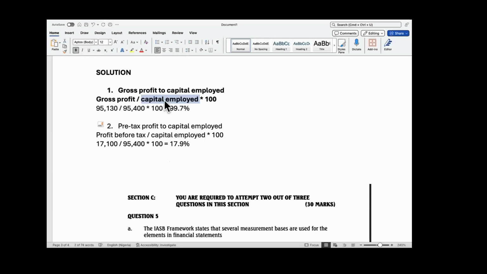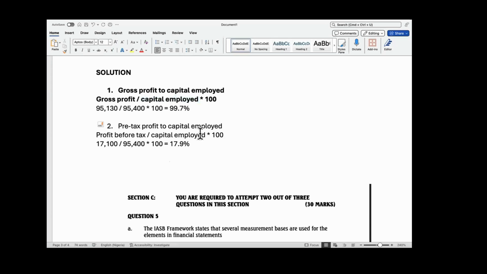I would have added that to equity to get my capital employed for this one. But for this second one that I'm using PBT, even if they gave me long-term debt, I wouldn't have been able to use it. I would have used just the equity.